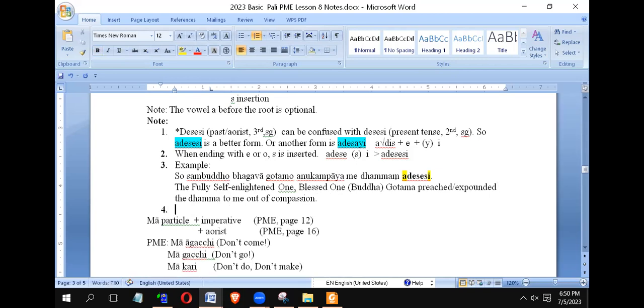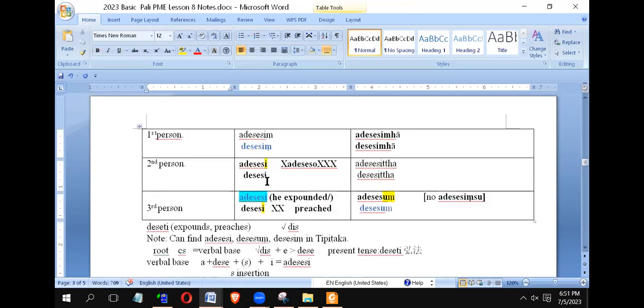This one I will pass to you later, you all need to digest. But just remember, this A is optional. The person is I, and the suffix here is ita. First person is im and imma.